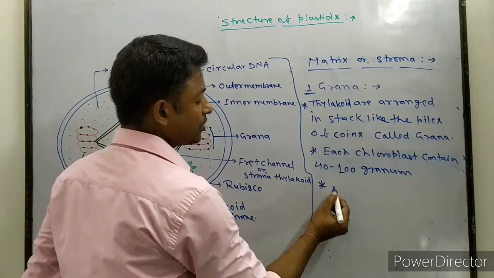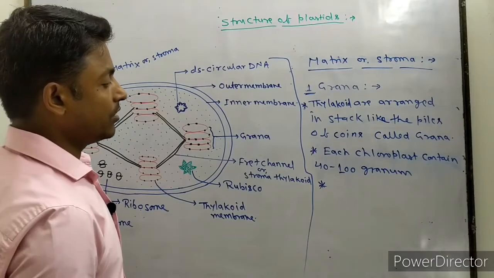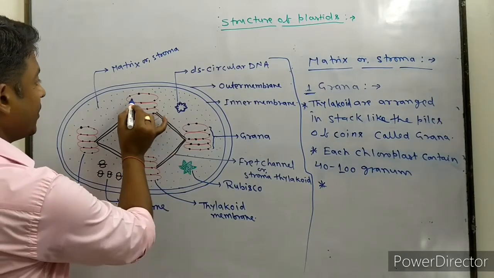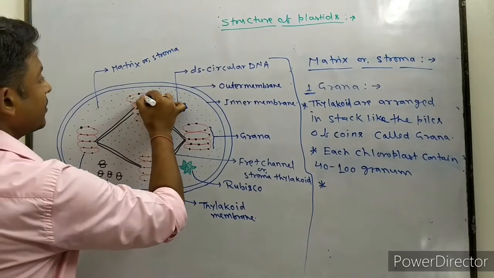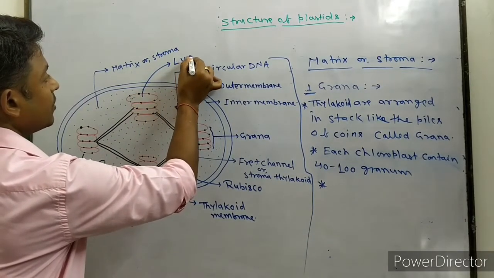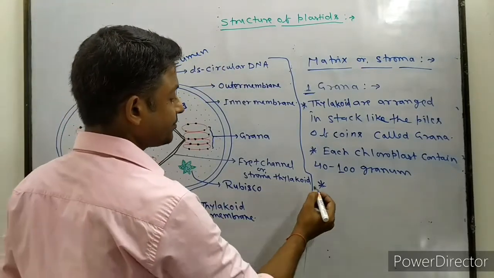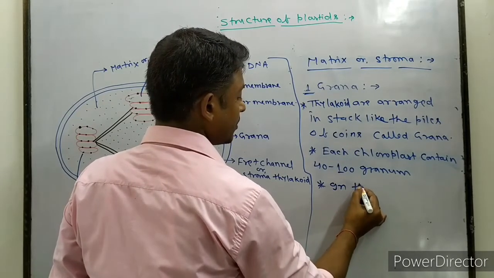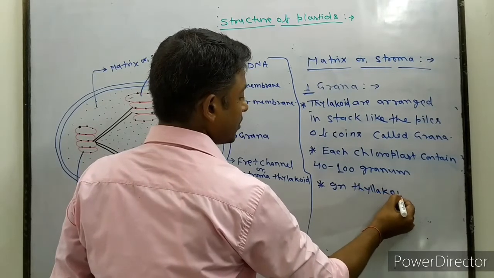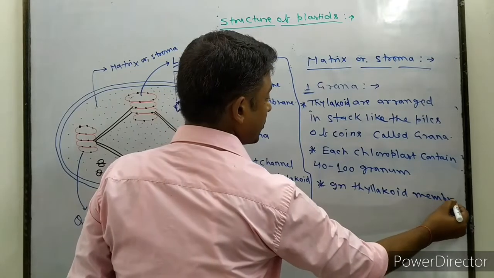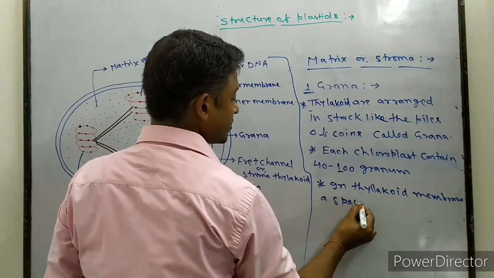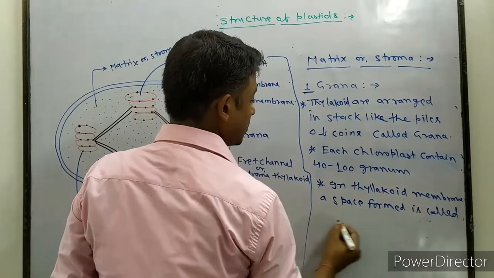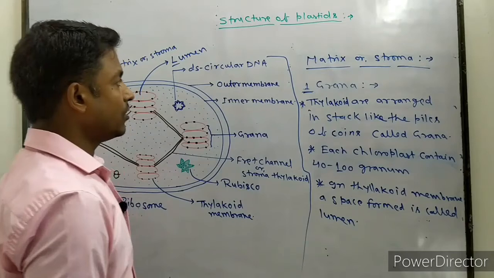Next point, in granum, in the thylakoid membrane, a space formed is called lumen.